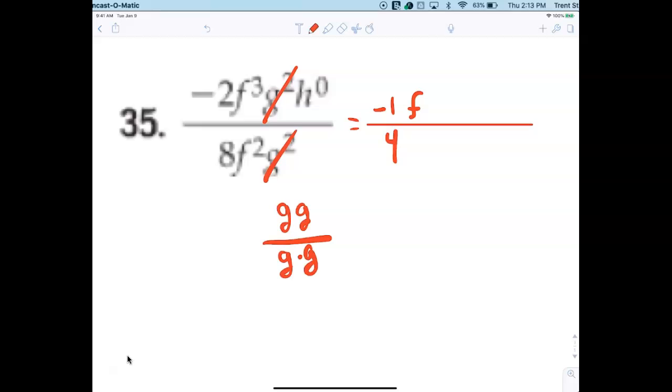Anything to the 0 power is 1. So that's gone. So that's your answer for 35: negative 1F over 4. And when you didn't get H, if it was 1, well, it's times 1, kiddo. So times 1 doesn't matter.